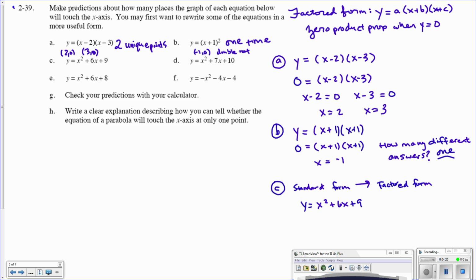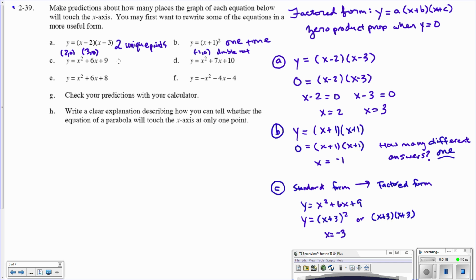So when you factor it, and if you need to take a second and pause it and factor it, do that. But you're going to see that you get x plus 3 squared, or x plus 3 times the quantity of x plus 3. In which case, when you set them equal to 0, as we did in the first one, you would get x equals -3.